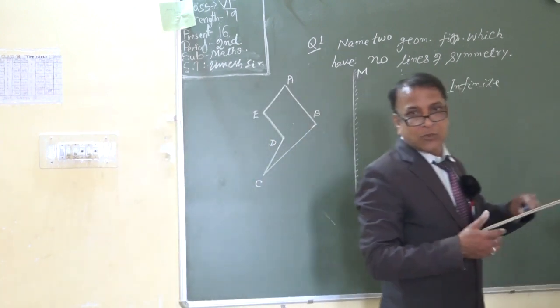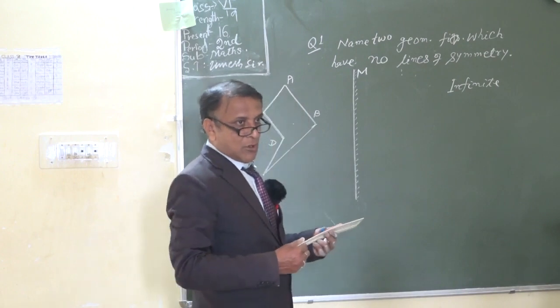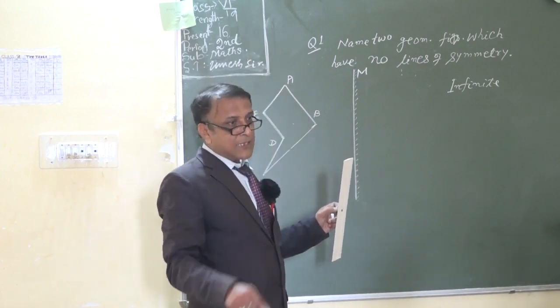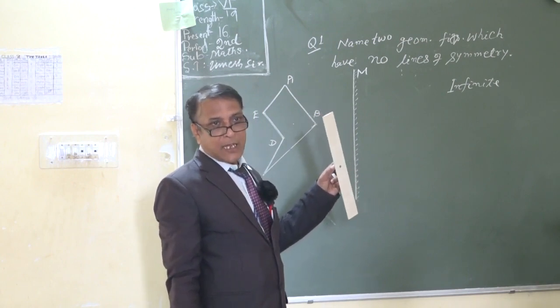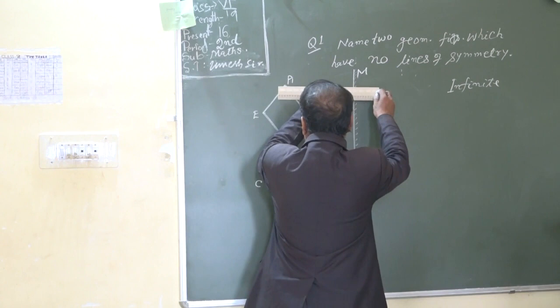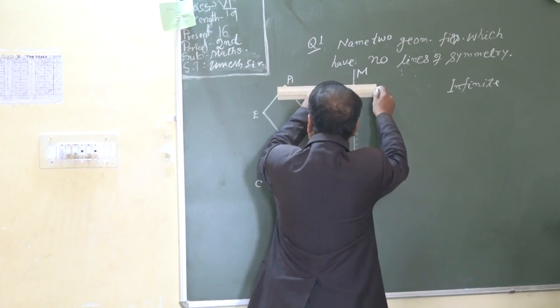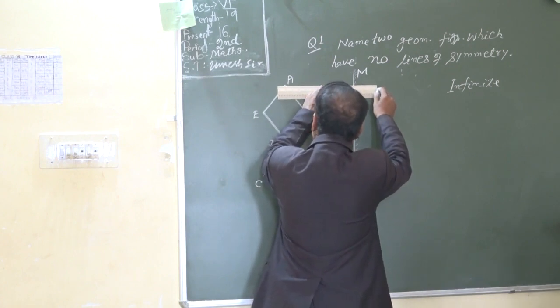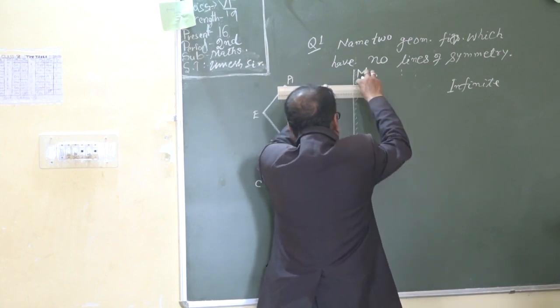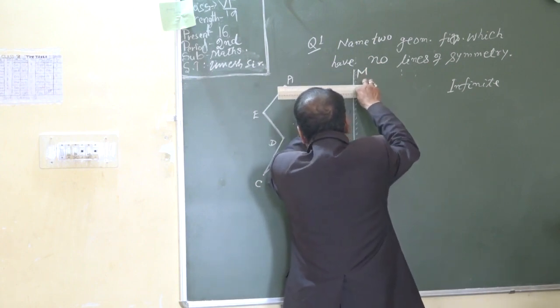Now what you will do, as I said, first you draw the horizontal lines by using your scale. You draw the horizontal lines from every point. So from the point A, horizontal, perpendicular lines, means this line will be perpendicular upon the mirror.